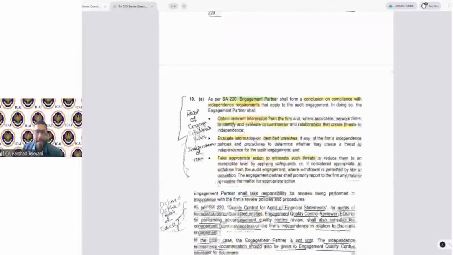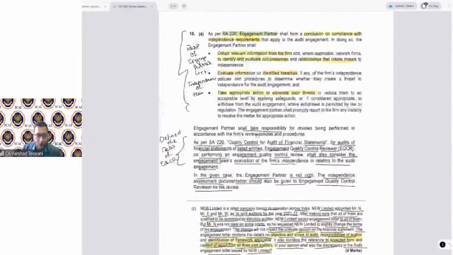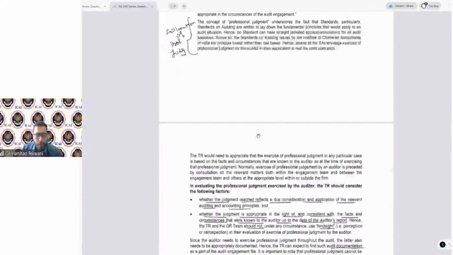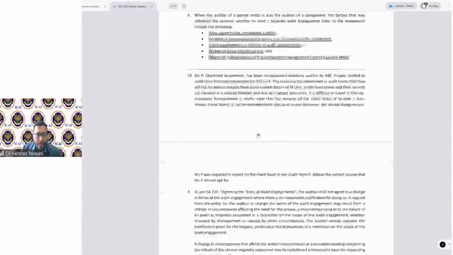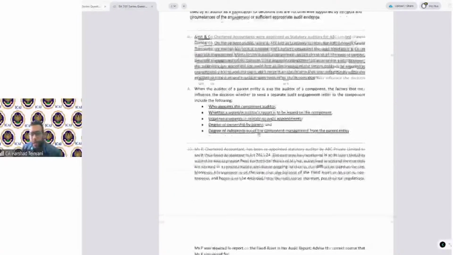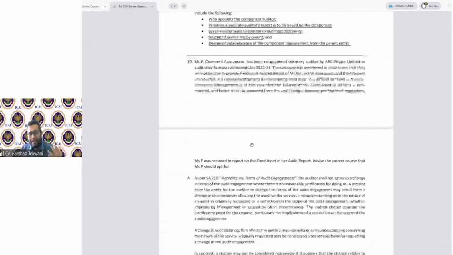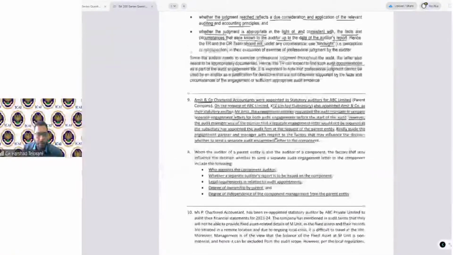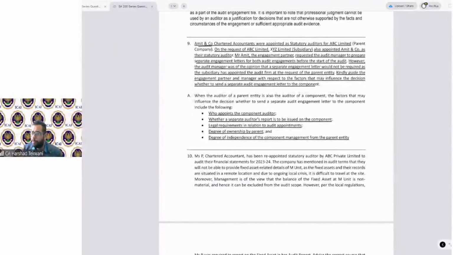Then we covered SA 220 with respect to quality control, and SA 230. Now today, the target will be SA 240, 250, 260, 265, 299. Okay, so let's start.